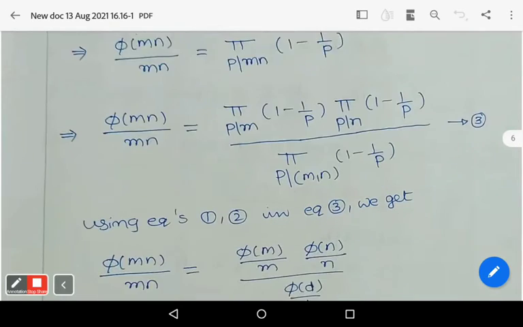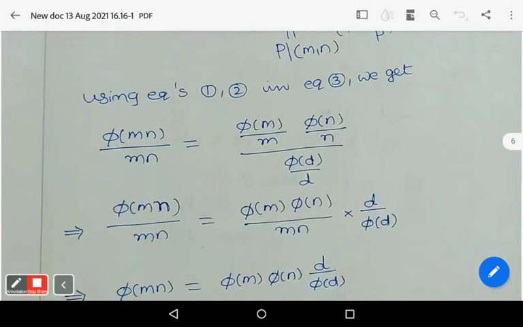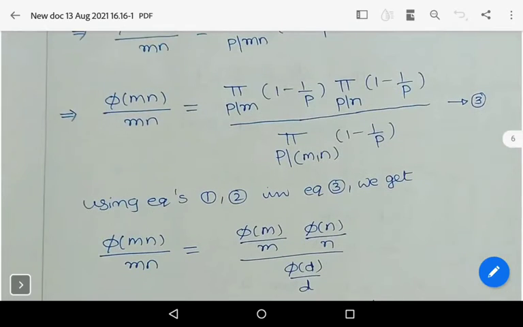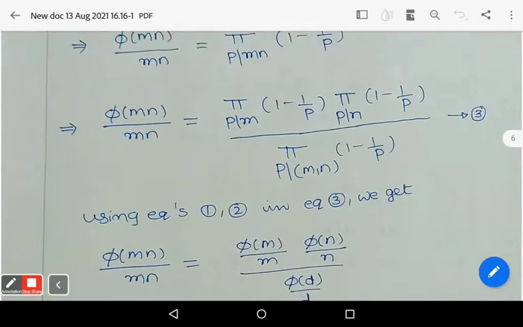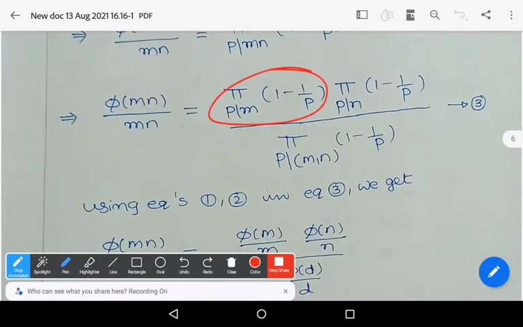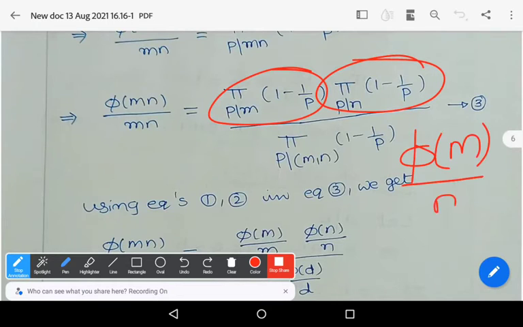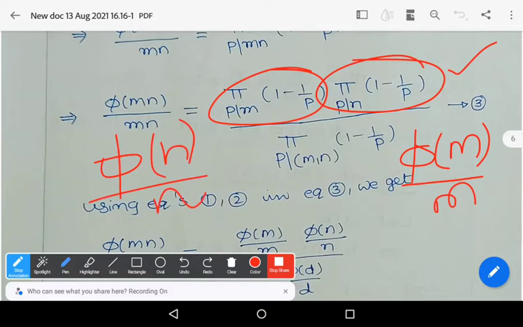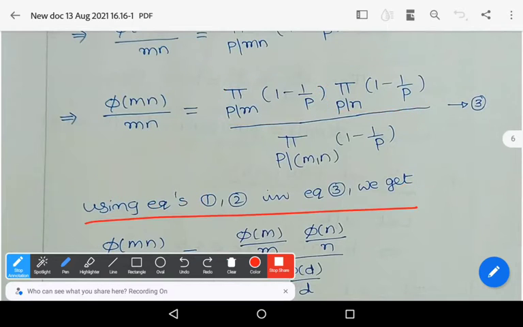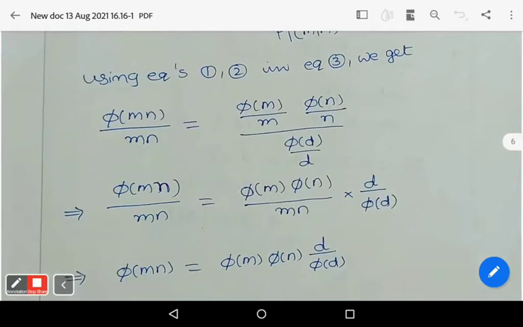Now using equations 1 and 2 in equation 3, the first term can be replaced by phi of m by m, and the second term can be replaced by phi of n by n. Using equations 1 and 2 in equation 3 we get this result.